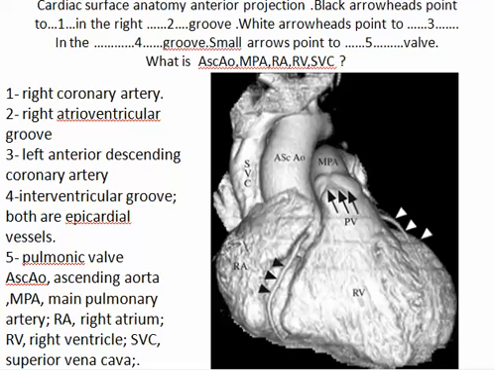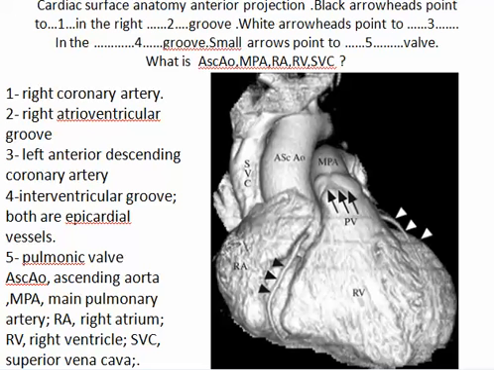Cardiac surface anatomy and projection is so easy. It's mainly formed of the right ventricle. Black arrowheads point to number 1, the right coronary artery, in the right atrioventricular groove.